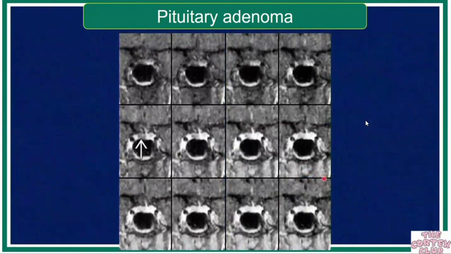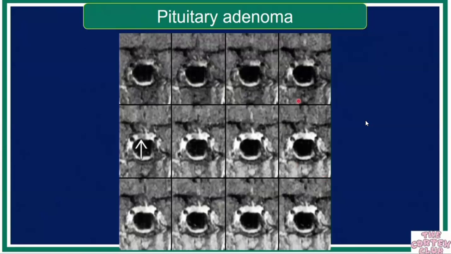And in this, what is done is that serial images are obtained through the sella as the contrast is being injected, and the rationale behind obtaining the dynamic contrast sequences is again the same, that the enhancement of the adenoma is less than the enhancement of the pituitary gland itself.